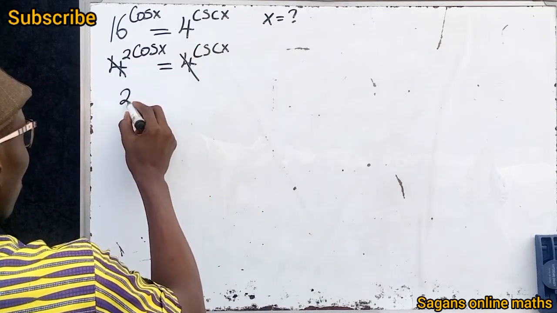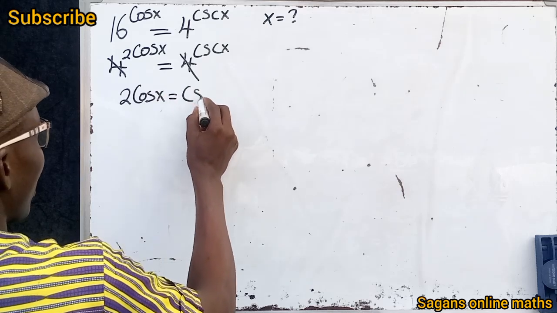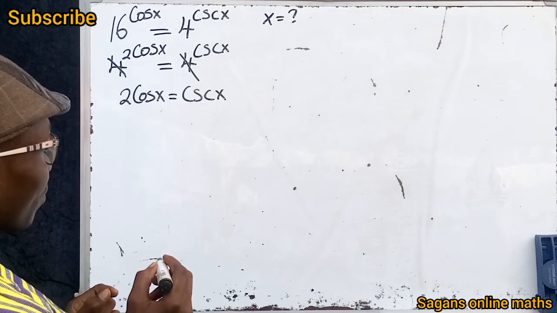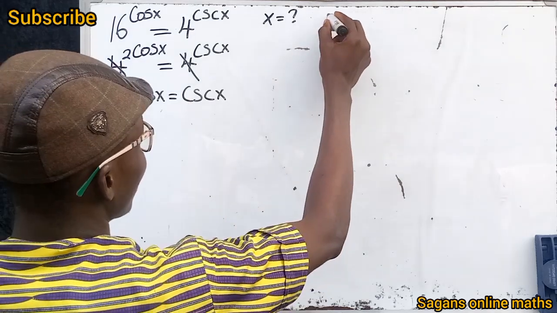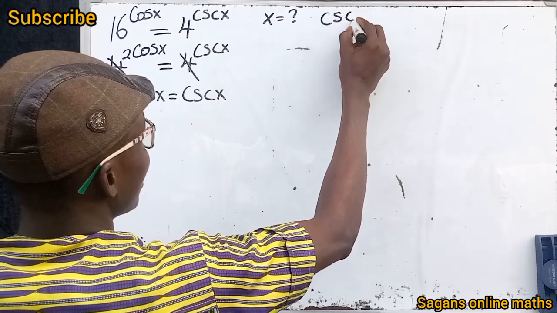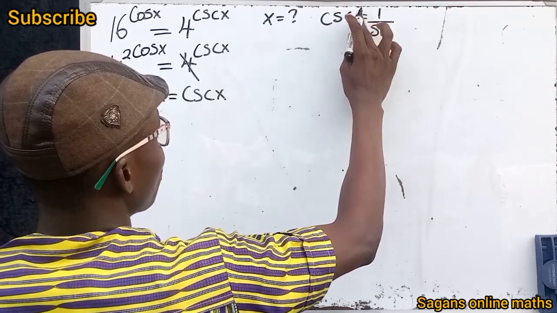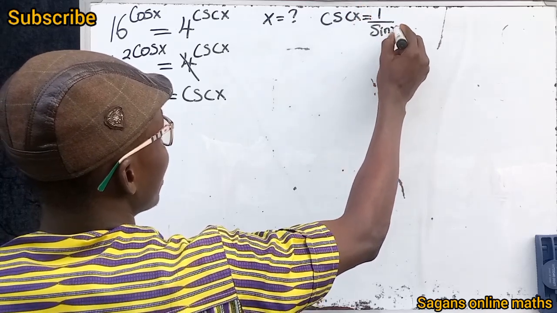Now this is 2 cos x equals cosec x, which is CSC x. Now I want you to know that CSC x is equal to the inverse of sine x.